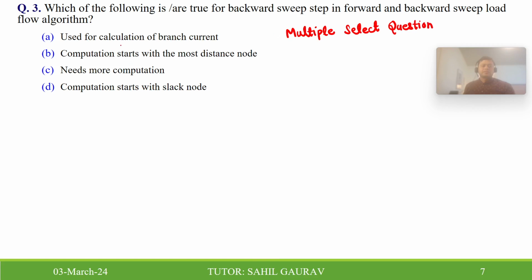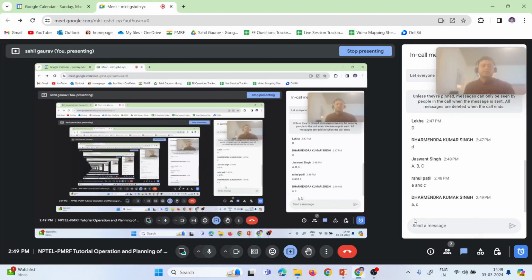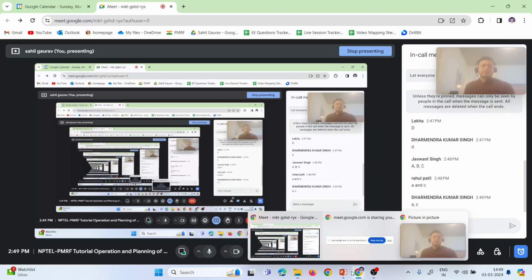The options are: used for calculation of branch current; computation starts with the most distant node; needs more computation; computation starts with the slack node. It is asking about the backward sweep, so which of these options are correct? You can type your answer in the chat box, and if you face any doubt, you can ask.